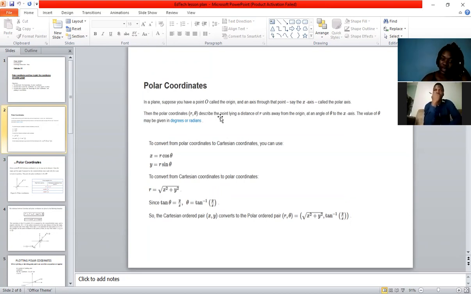And since tan theta equals y over x, when you convert the Cartesian coordinates x, y to polar coordinates, you get the square root of x squared plus y squared, and then theta will be tan inverse of y over x.